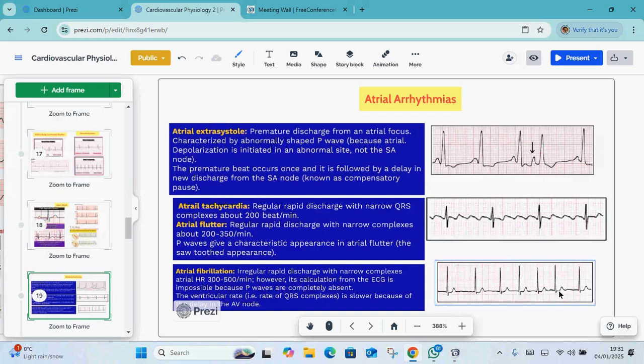The isoelectric line is normally straight. When it is tooth-shaped like this, that means there are many P waves. When it's wavy, zigzag, this is called atrial flutter. When the heart rate is irregular, that means the distance between R's is not equal and there are no P waves, this is called atrial fibrillation.